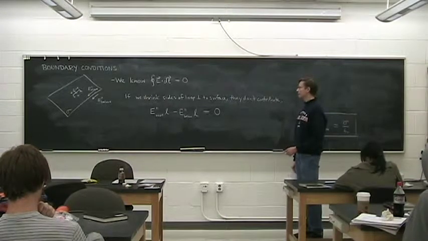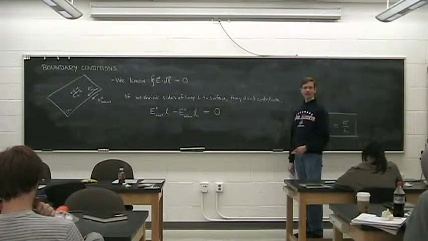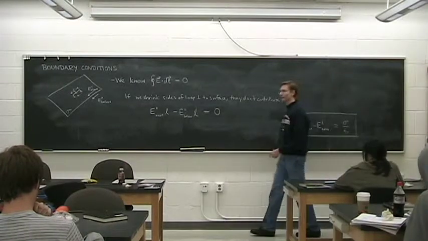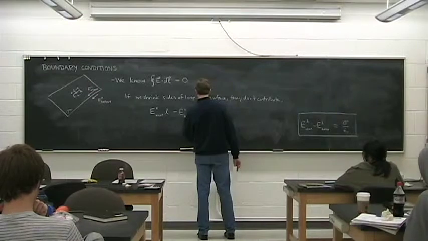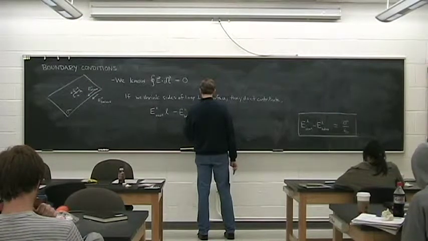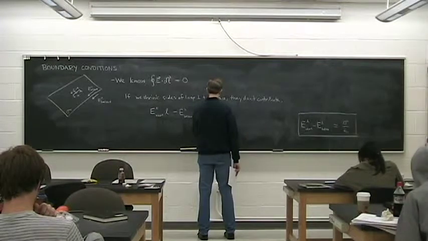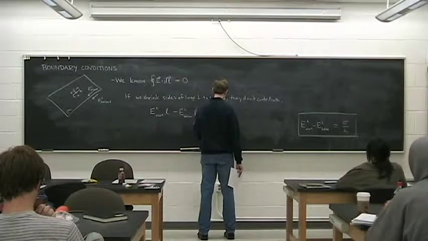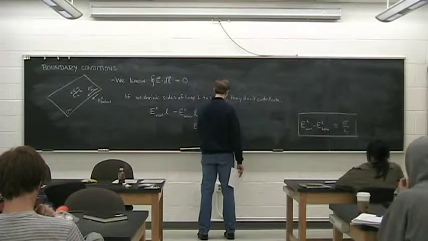There's only one way that's going to work, and that is if E parallel above is equal to E parallel below, because we factor out the L and divide through. So we conclude E parallel above equals E parallel below.